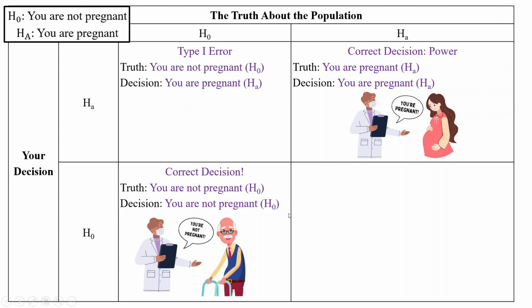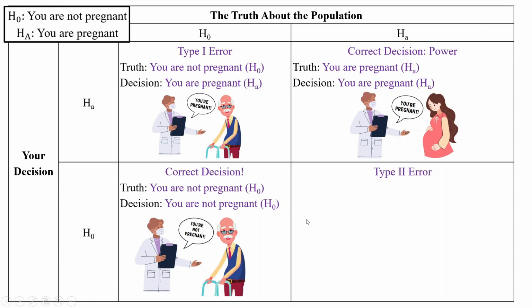Type 1 error is when the truth is that you are not pregnant, okay, your null hypothesis, but the decision is that you are pregnant. Okay? This is a type 1 error. For our visual learners, this is the error that you have. That poor old man is being told by the doctor that you're pregnant. He is pregnant. Okay. So that is a type 1 error.